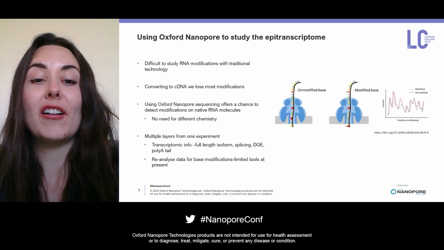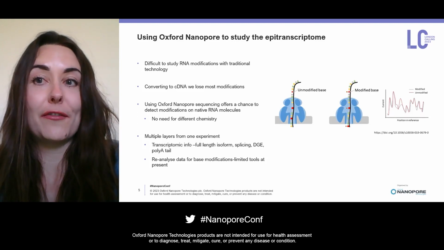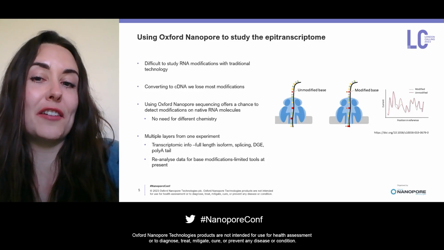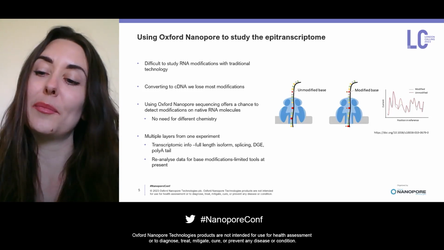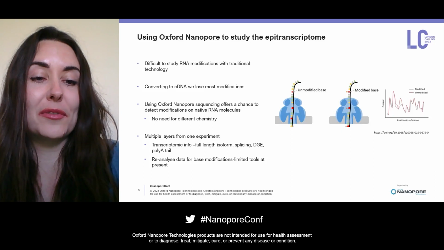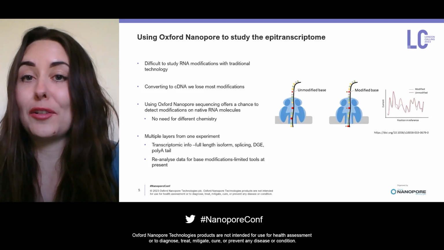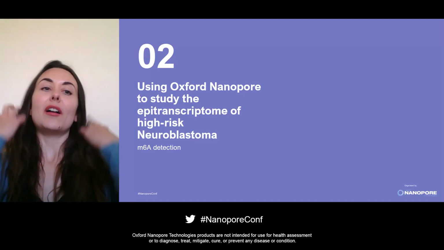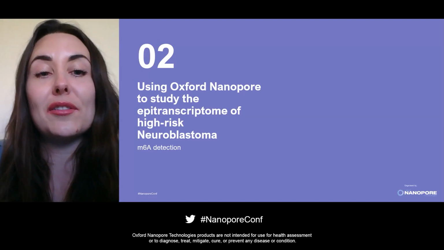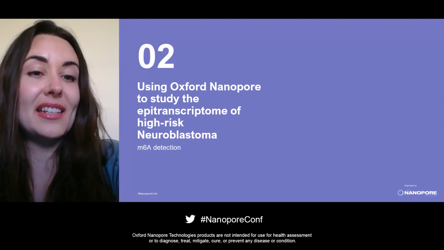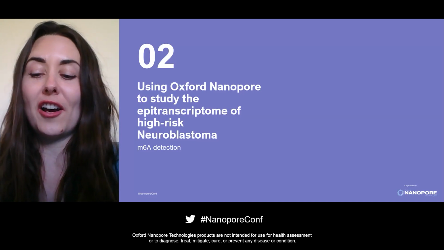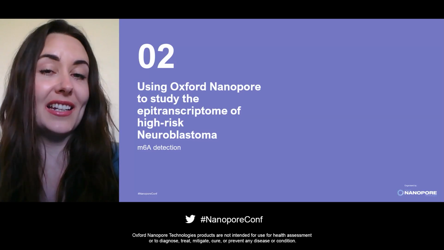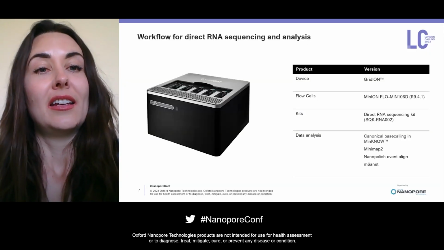At the moment, there are limited tools for a limited number of RNA modifications, but we expect over the years, as the base caller becomes more sensitive, we will be able to deconvolute this into new RNA modifications. So for our study, we used Oxford Nanopore sequencing to study the epitranscriptome of high-risk neuroblastoma with the main aim of m6A RNA detection.